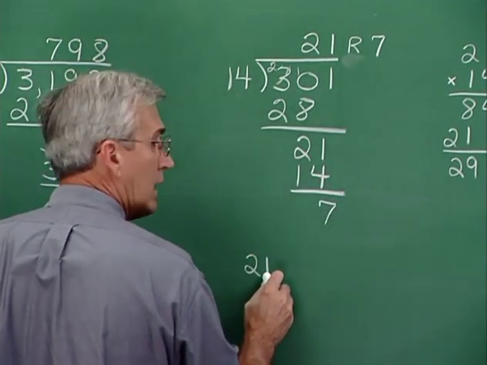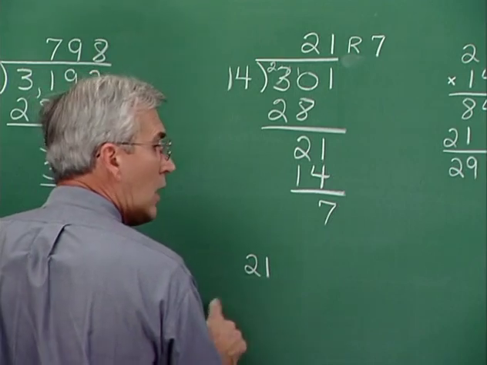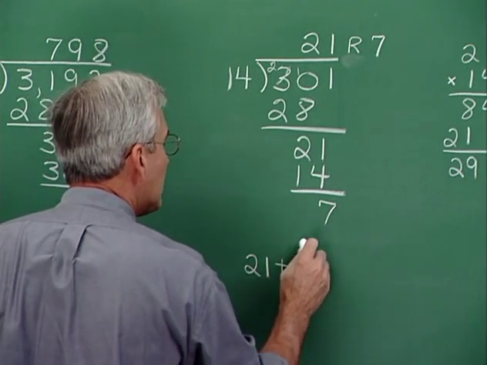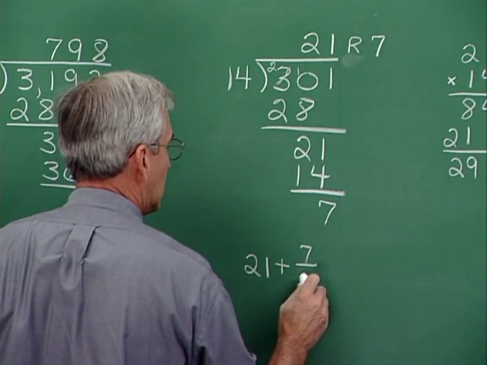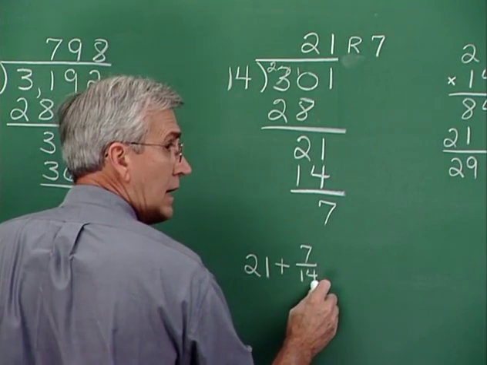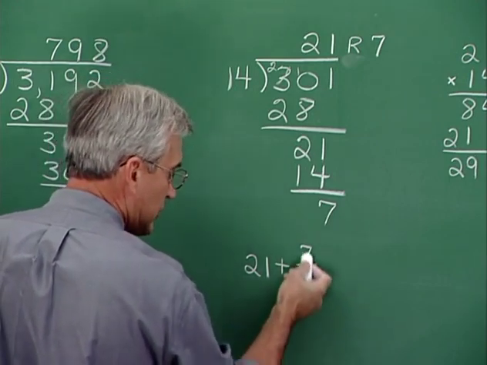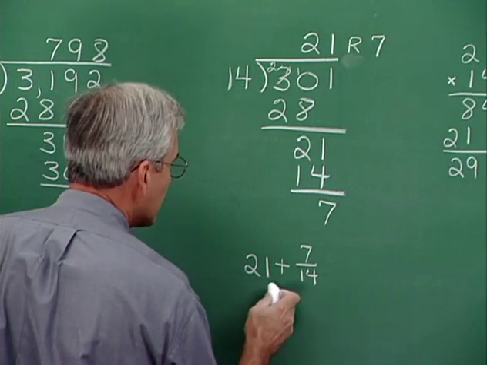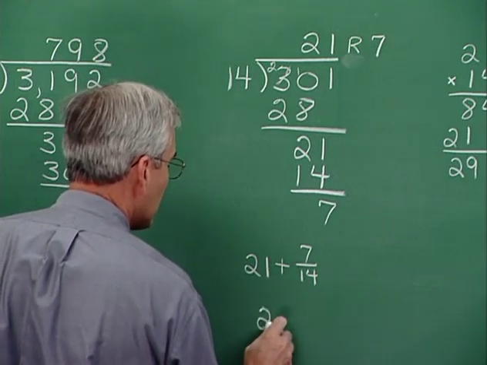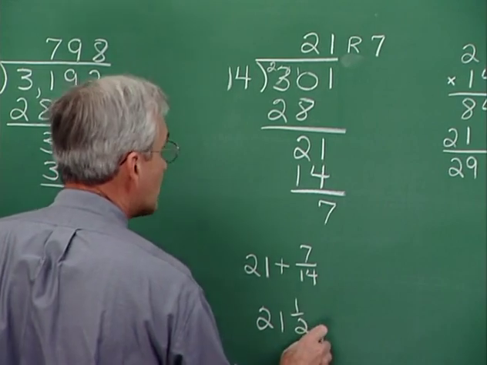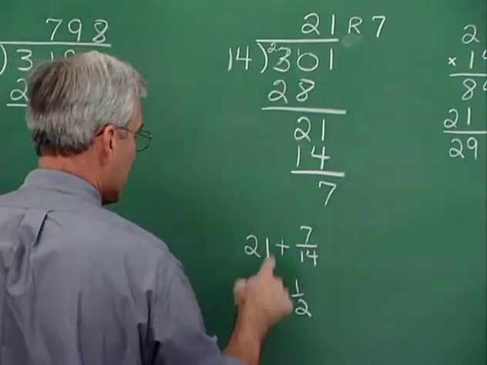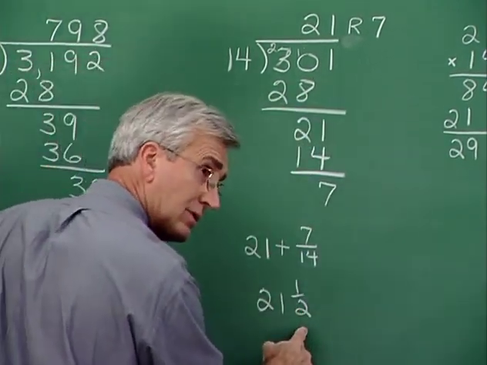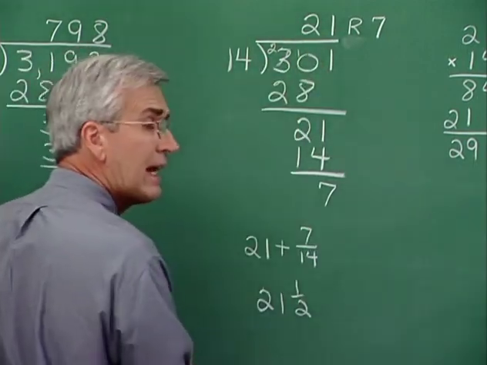The answer is 21, plus the remainder over the divisor. And really this is just 1/2 when we reduce the fraction, so this is 21 and 1/2. We say that 14 goes into this number 21 and 1/2 times. This is a complete answer, but that's a complete answer as well.